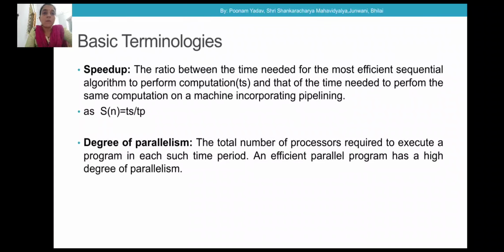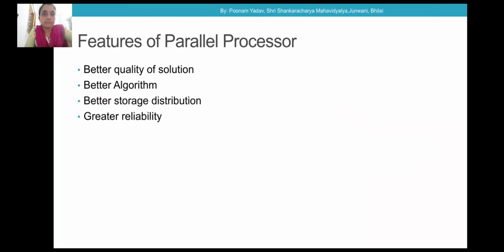Then degree of parallelism: the total number of processors required to execute a process in a particular time period. An efficient parallel program has a high degree of parallelism. As the degree of parallelism increases, the efficiency of the program also increases.